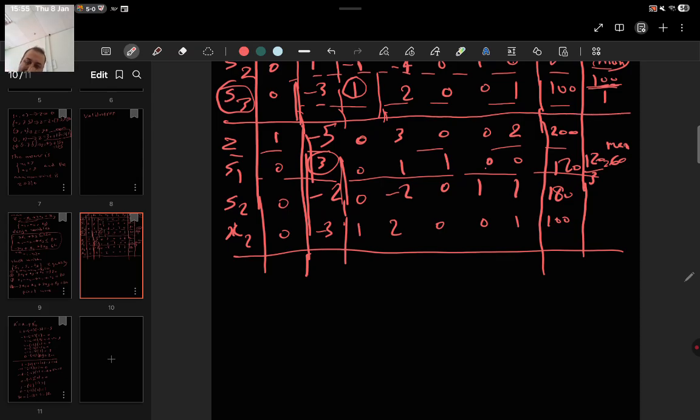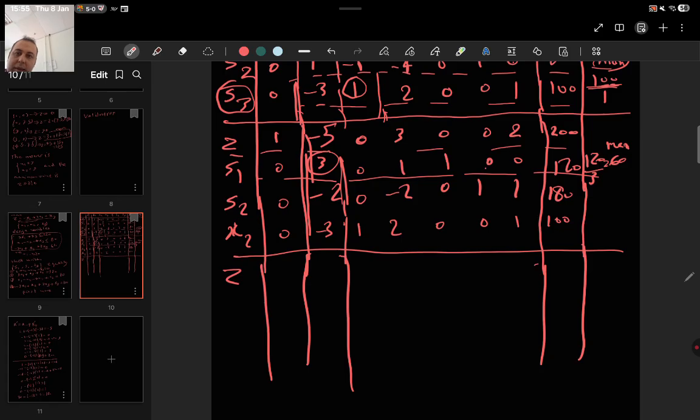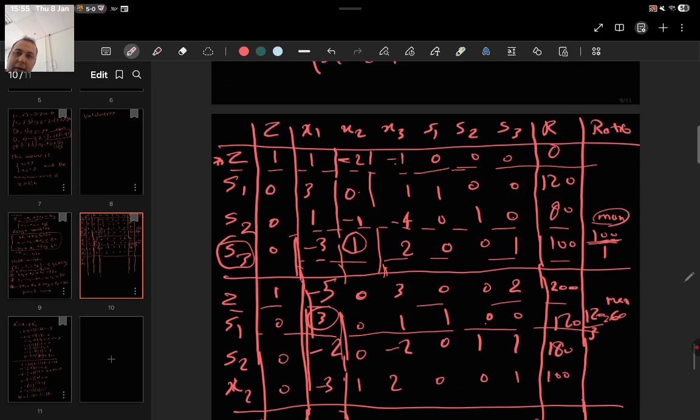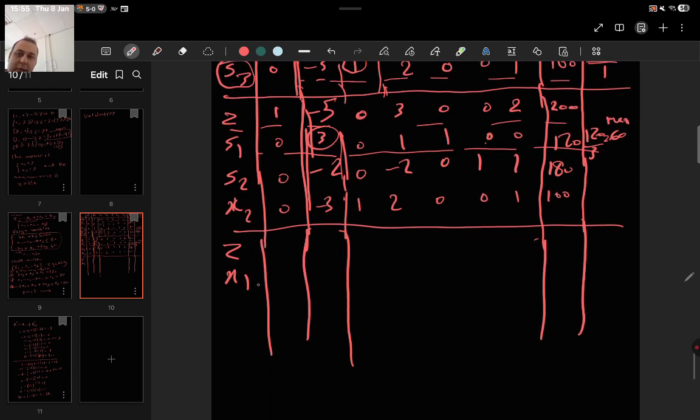Okay, what we have to do, in the next iteration, we have to write down the z parameters again. S2 should be converted to x1, right? x1, S2, x2.